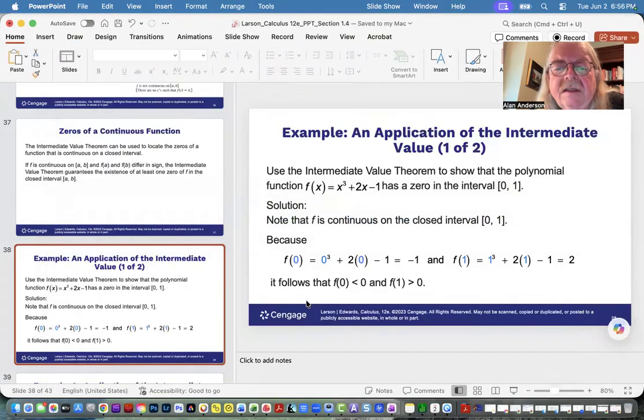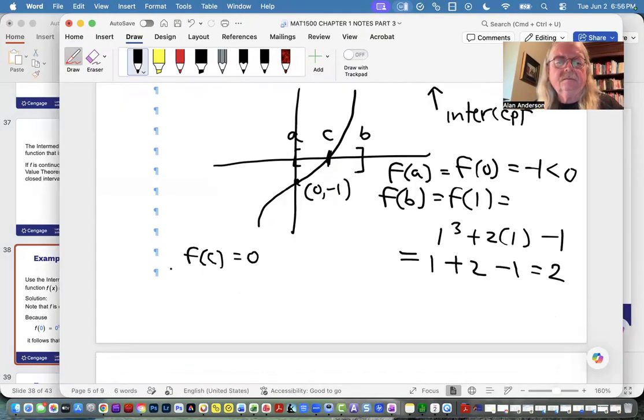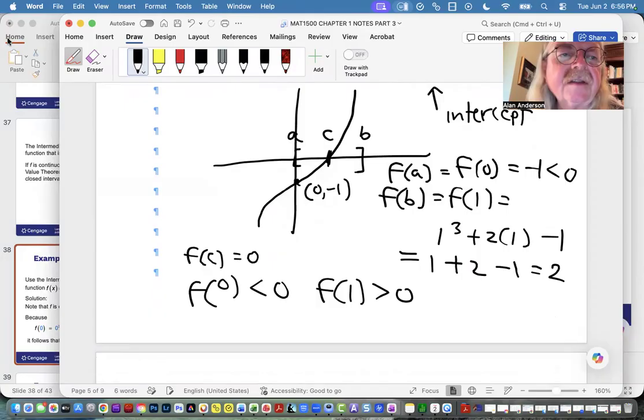So we need to know that these two exist. They have opposite signs and they're different from each other.